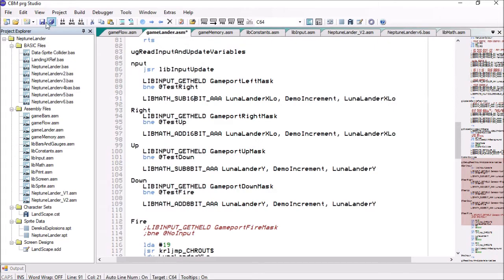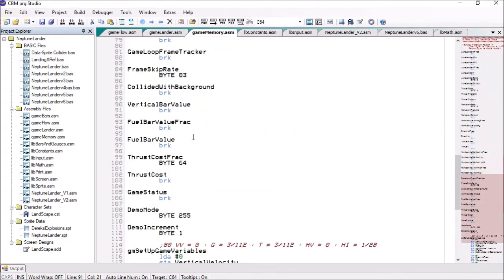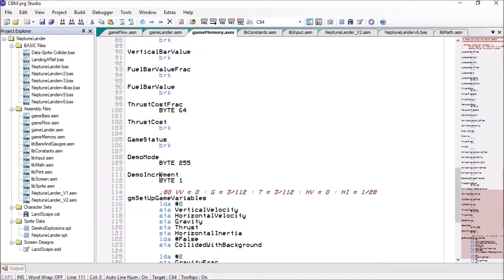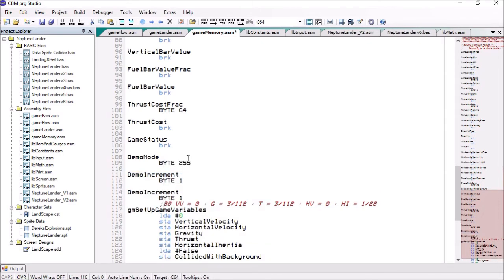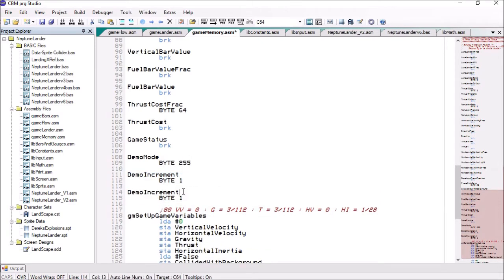That means that the demo increment memory place needs a high byte here, which is going to be 0. Right, so that's demo mode.